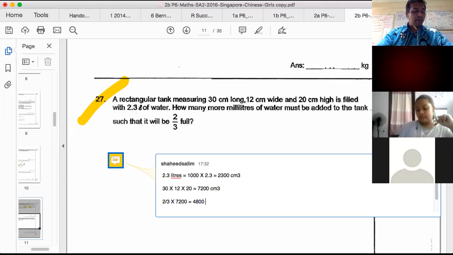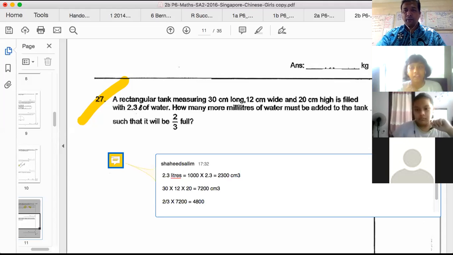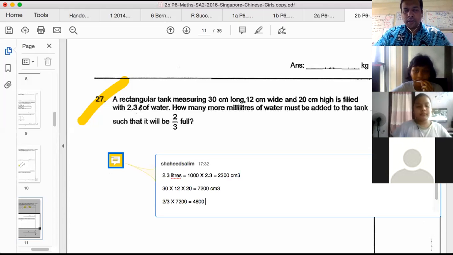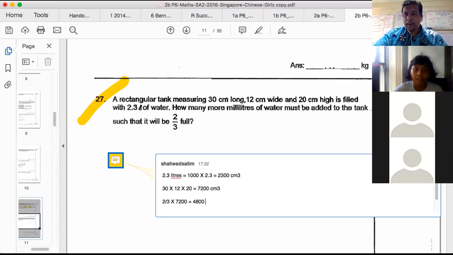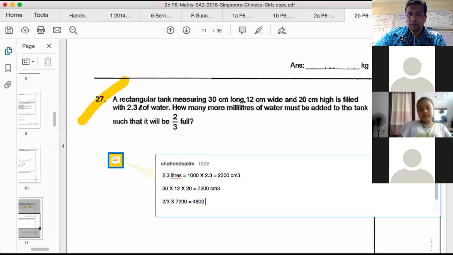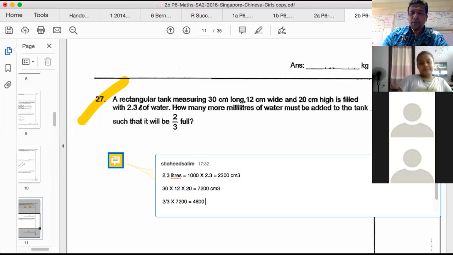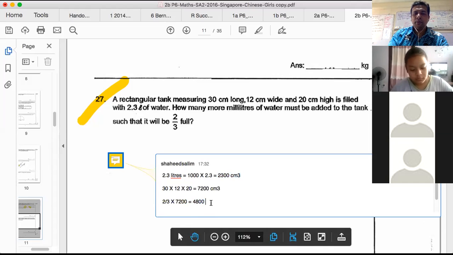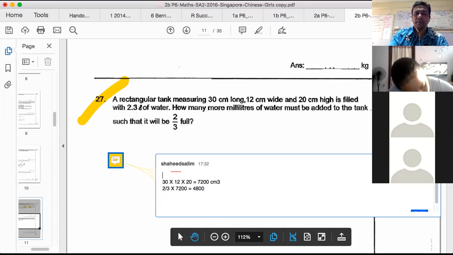At first you have 2,300, that is 2.3 liters. Now at the end, they want to know how much more water must you pour in. So what is the answer?